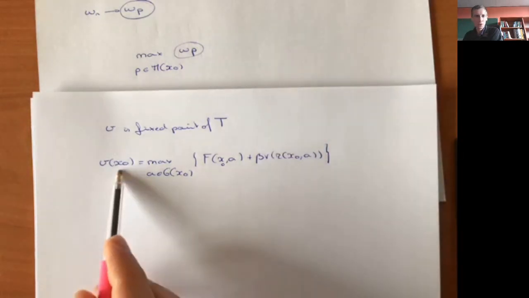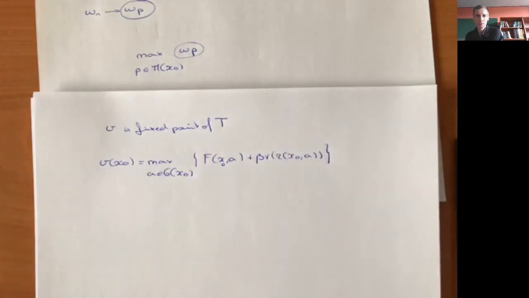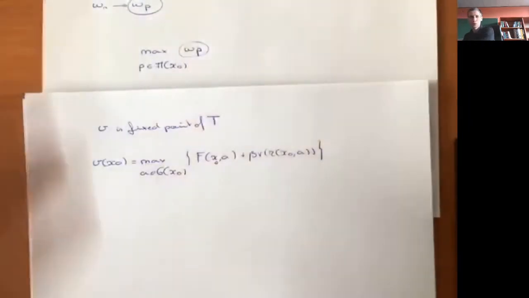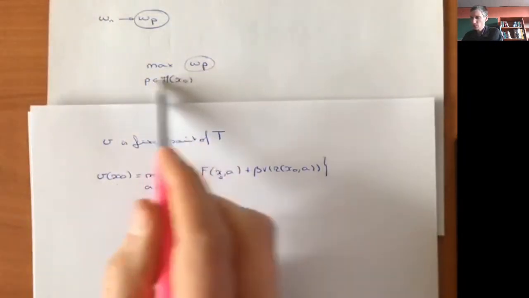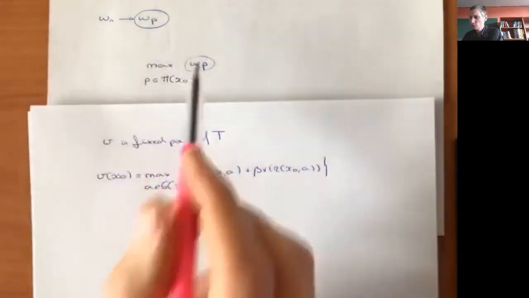This is just plugging x0 into the Bellman equation.